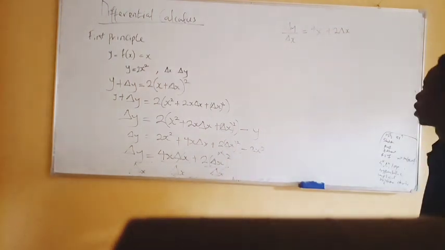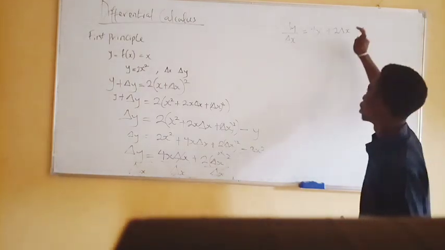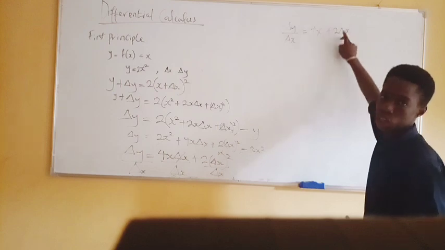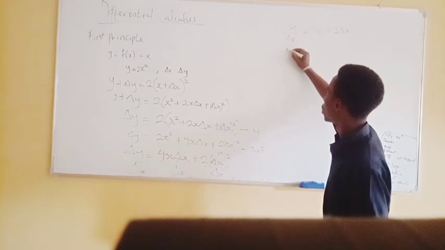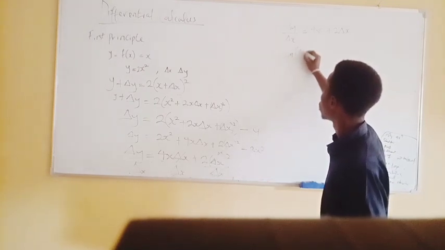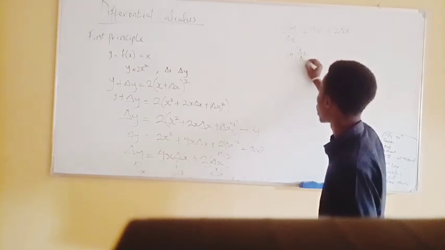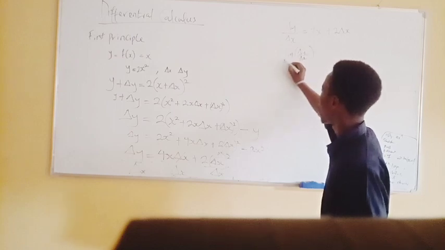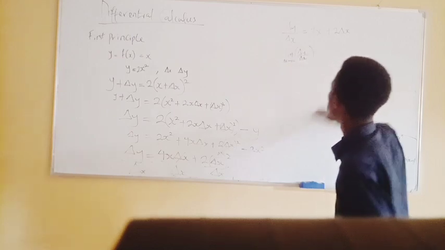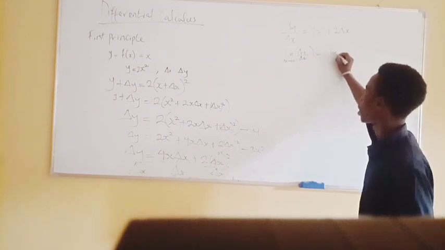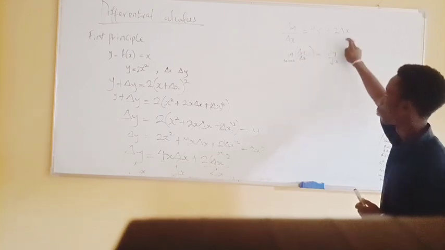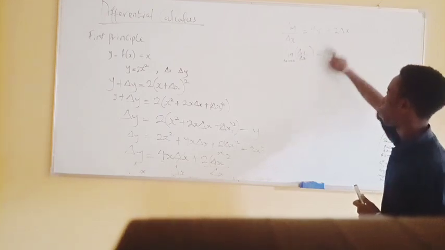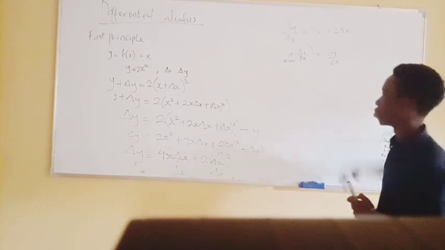Now, we have to find the limit of this function because we do not need a change in x on this side of the equation. So, the limit of delta y over delta x as delta x tends to 0 is what gives us dy/dx. As delta x tends to 0, we are going to get the derivative.